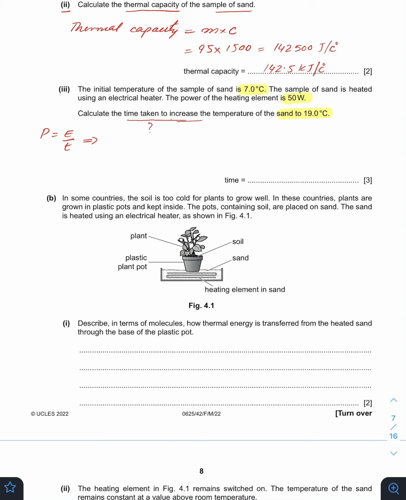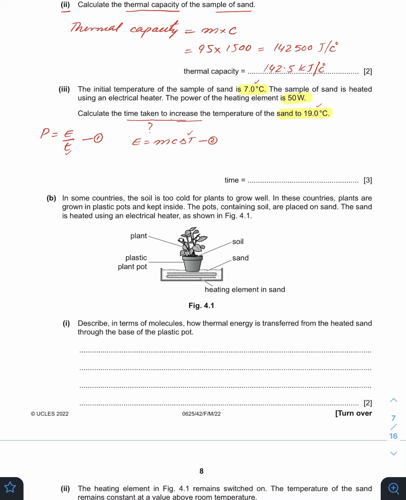I can use this formula that power is equal to energy over time. And as we know, in case of specific heat capacity, when change in temperature is there, we always use the formula that energy is equal to mc delta T. This delta T shows the change in temperature, and this small t shows the time. Let me call these equation number 1 and equation number 2.